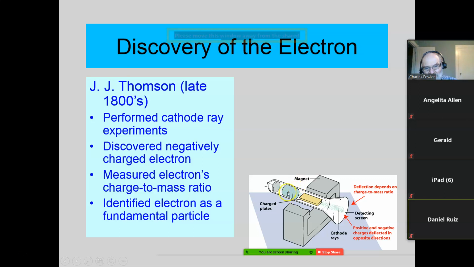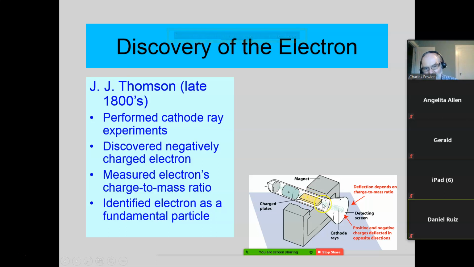This positively charged ring here, the other thing it did was introduce positive charges. Negative charges were coming off the cathode. This introduced positive charges. The positive and negative charges deflected in opposite directions, mostly depending on the electric field here.